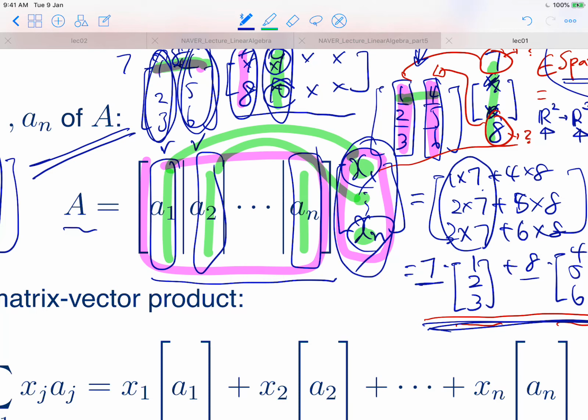And thus, in this case, we can easily understand that whatever the coefficients are, this matrix vector multiplication will produce a vector that will always be inside the span of those column vectors. The definition of the span is all the possible linear combinations of the given column vectors. So whatever linear combination coefficients are given on the right, the result will always be a vector inside the span of the given vectors.